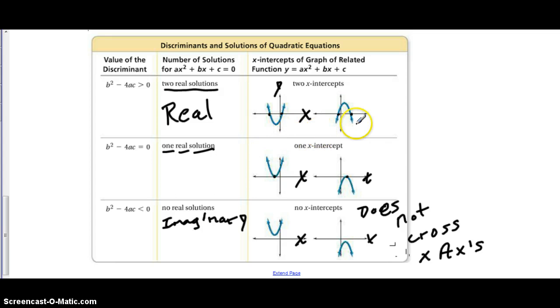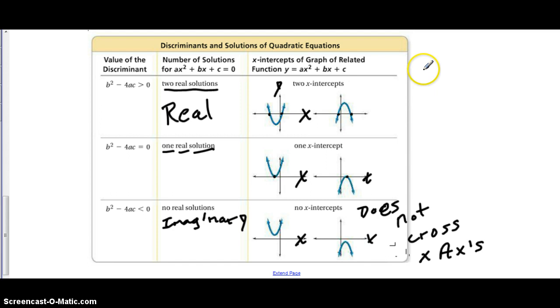If you have real solutions, you can probably solve real-world problems. If you have imaginary solutions, you cannot solve the problem, but you will let the casual observer or the bystander understand that you have solved the equation correctly and that you have graphed it, yet it does not have any real solutions. It does not cross the x-axis.